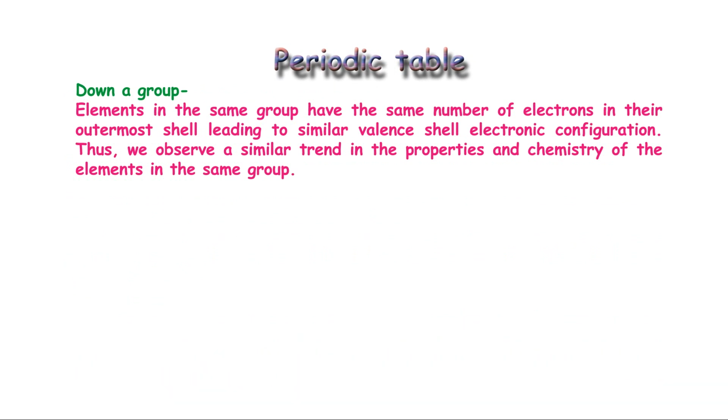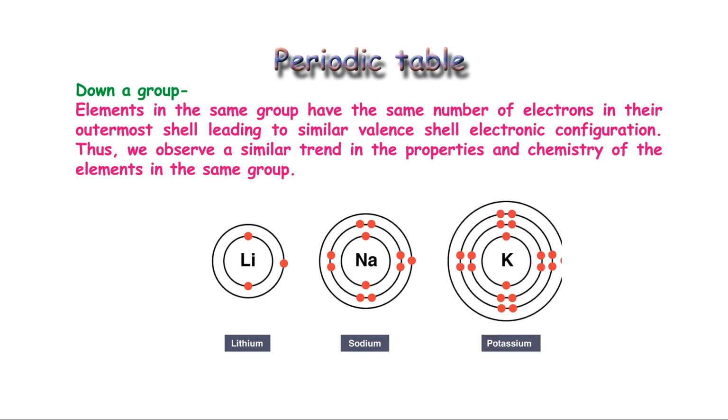As a result, if we observe the electronic configurations of lithium, sodium and potassium, then we will observe that lithium has 2 electrons in K and 1 in L, but sodium has 2 electrons in K, 8 electrons in L and 1 electron in M, and potassium has 2 electrons in K, 8 electrons in L, 8 electrons in M and 1 electron in N. So this is very much similar down a group.